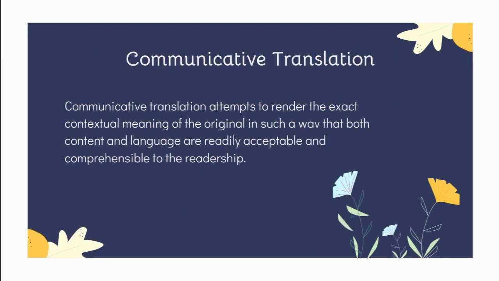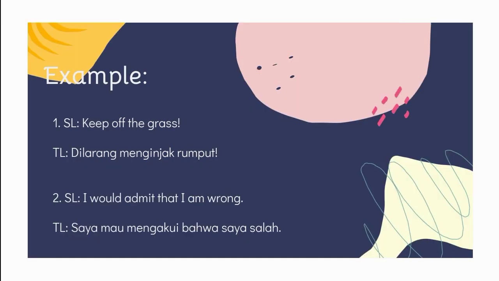And the last one is communicative translation. Communicative translation attempts to render the exact contextual meaning of the original in such a way that both content and language are readily acceptable and comprehensible to the readership. For the example, keep off the grass, and the target language is dilarang menginjak rumput.